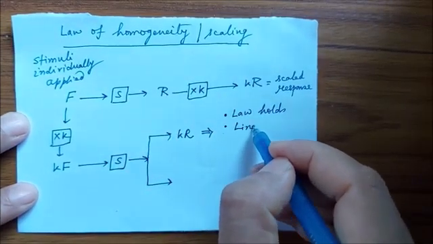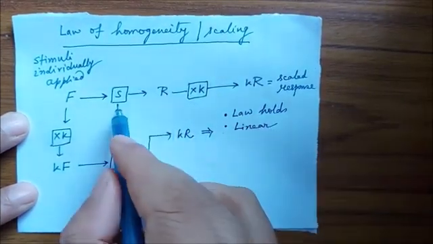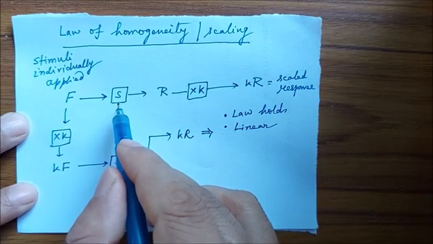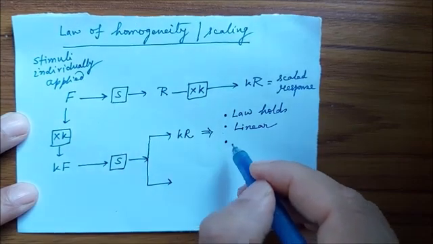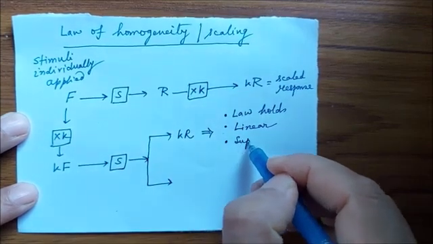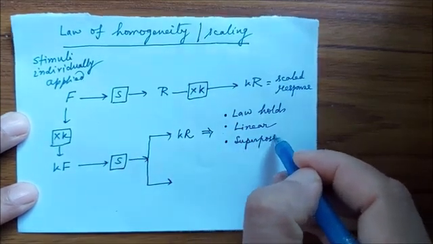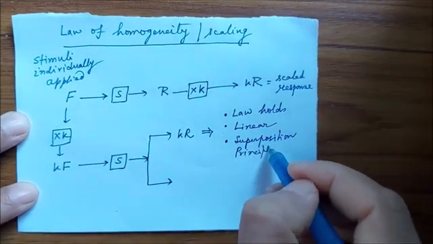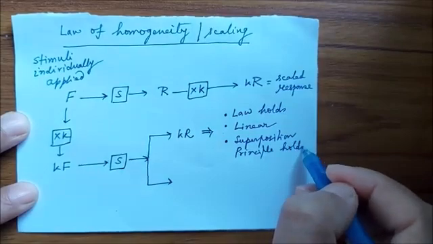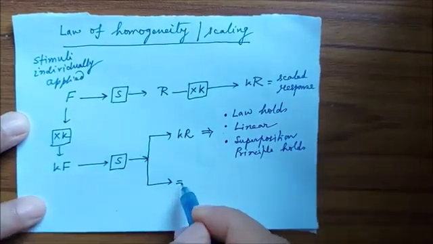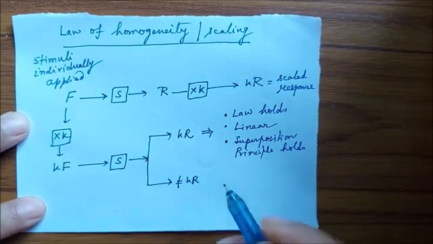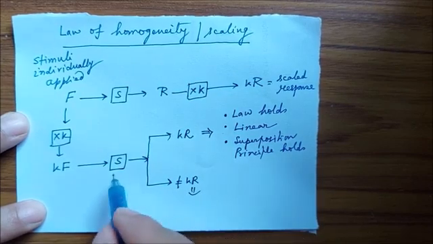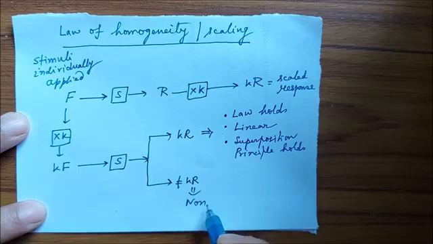System is linear. This S standing for the system is a linear system, and superposition principle holds. And if it is not equal to KR, then our conclusion will be that the system S is non-linear.